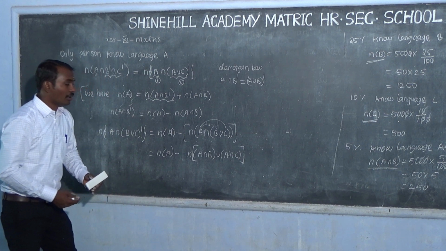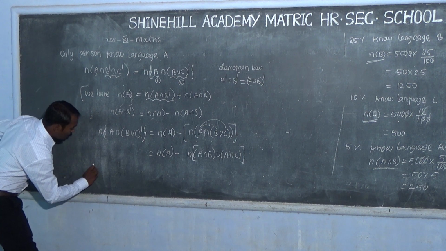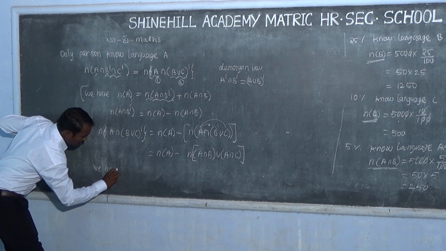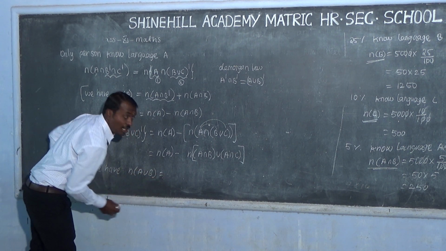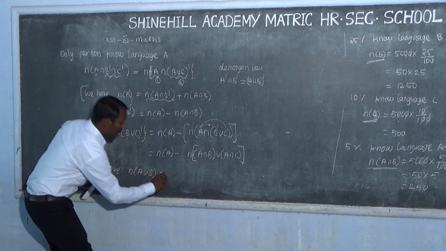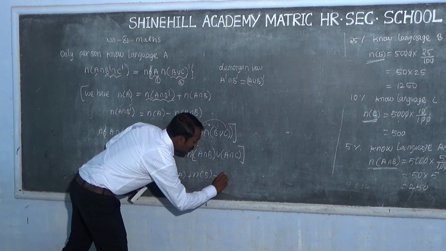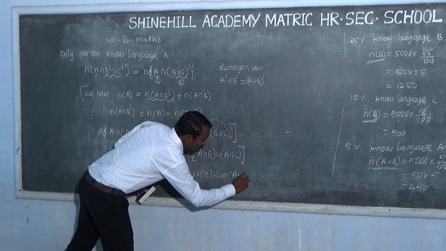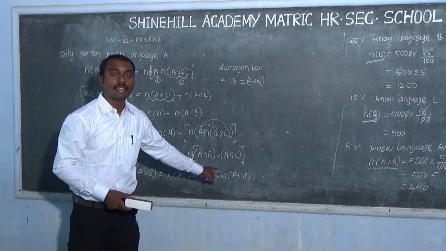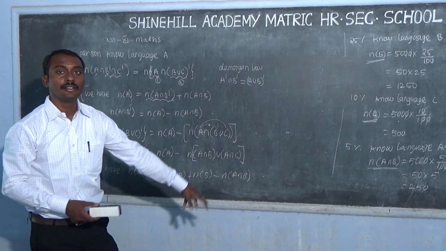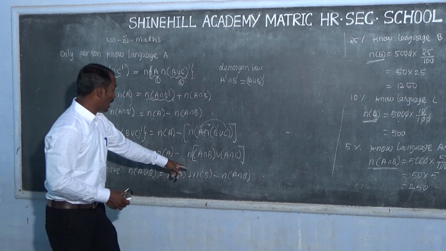And again I use a formula. We have n of A union B. The formula of n of A union B is n of A plus n of B minus n of A intersection B. Then I am going to connect.